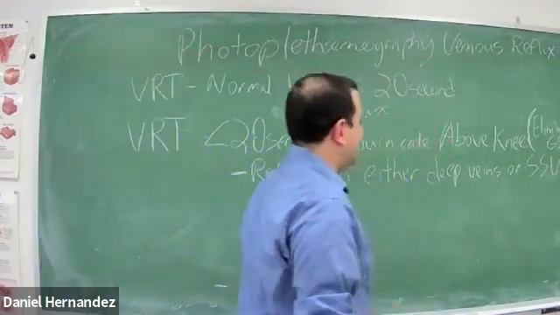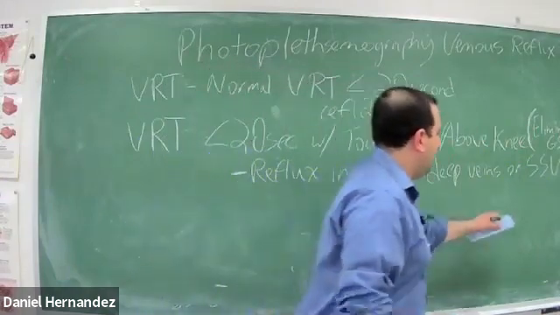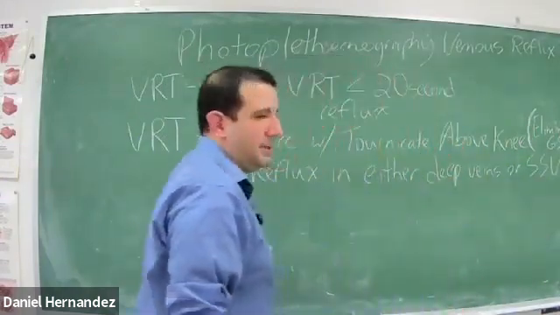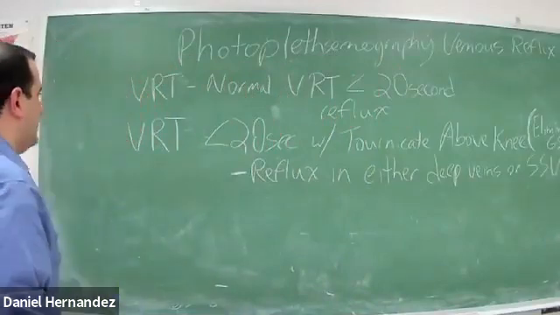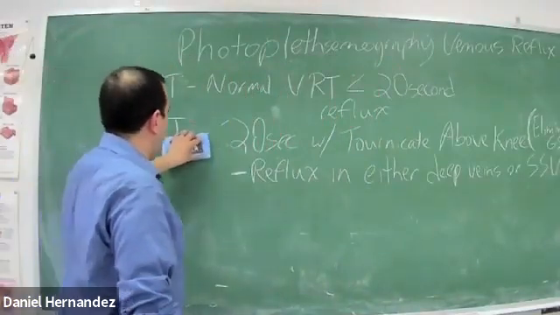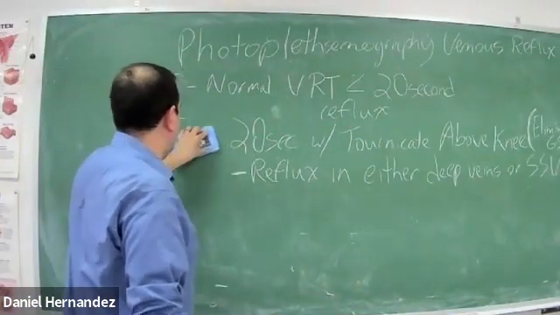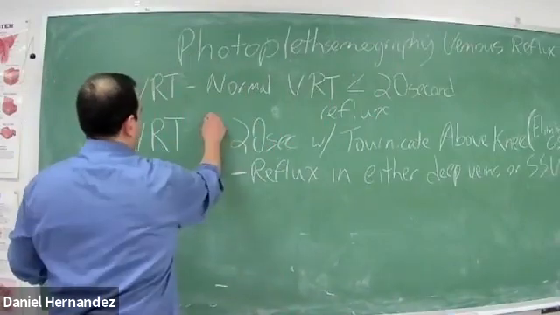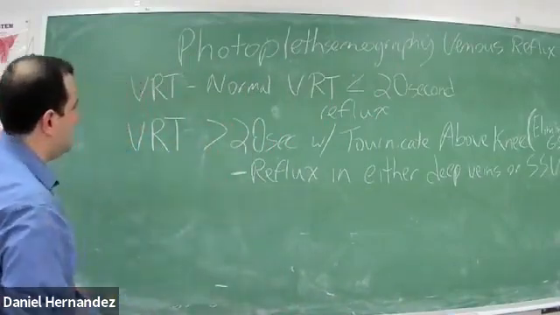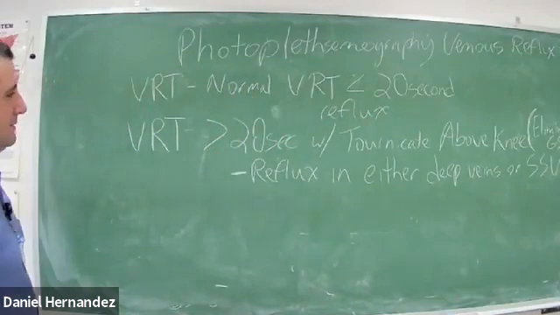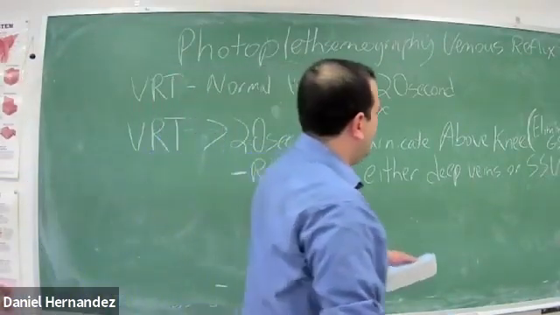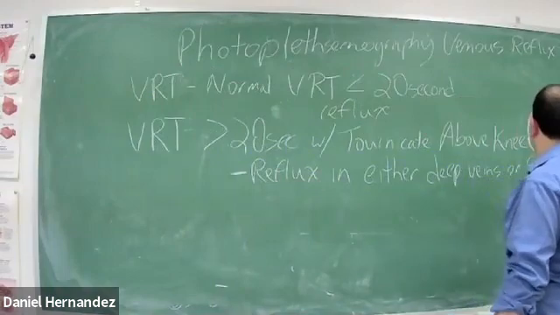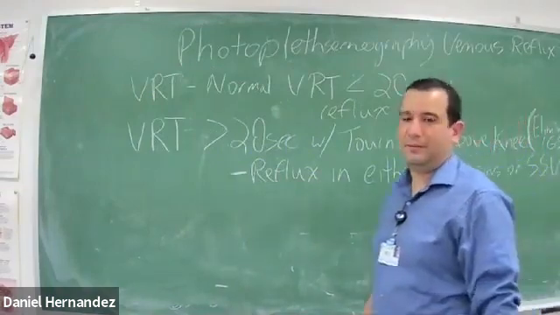So it could still potentially be a deep vein, or it could still potentially be the lesser saphenous vein in the calf that we're getting the reflux. If we put that tourniquet above the knee and we now have a normal venous reflux time that's greater than 20 seconds, then we know that the culprit was the greater saphenous vein.